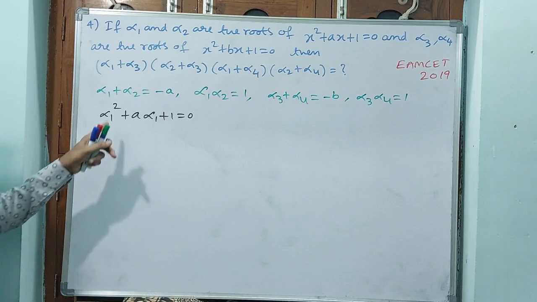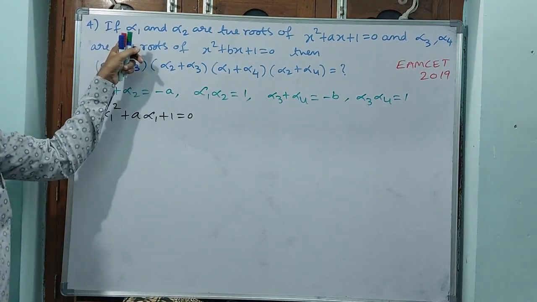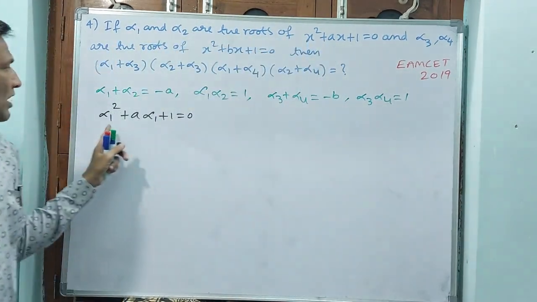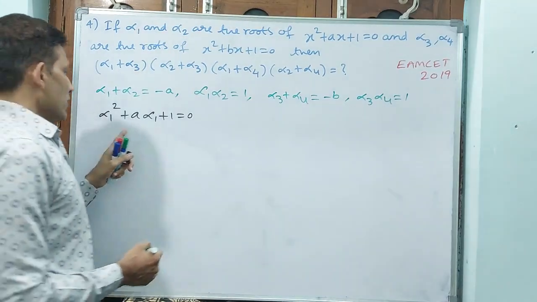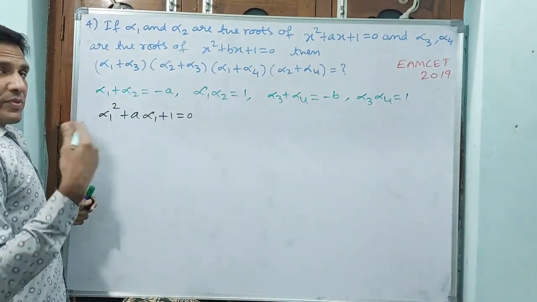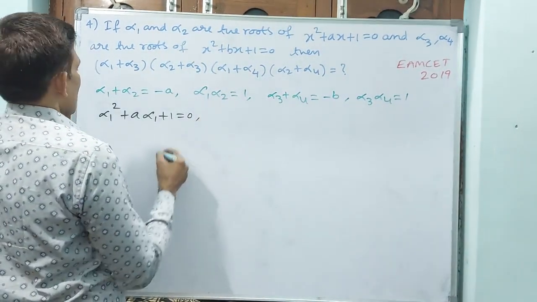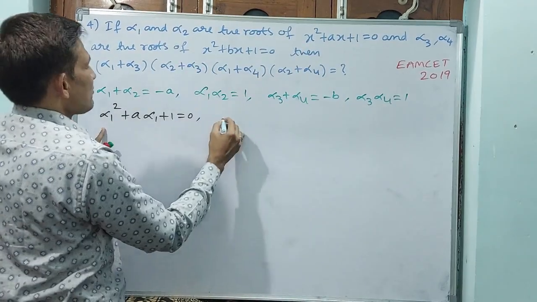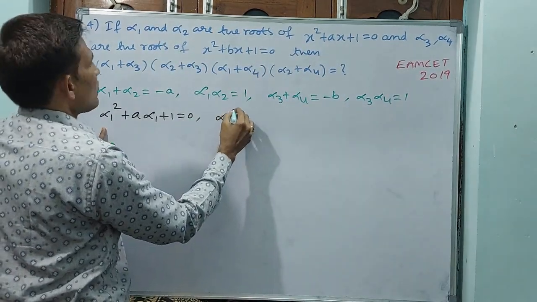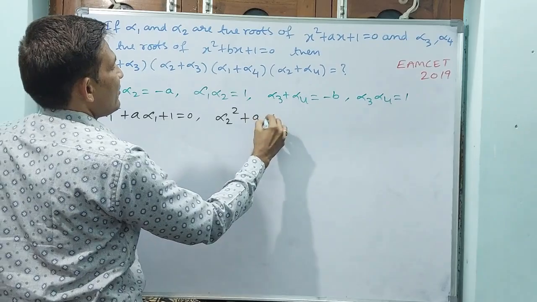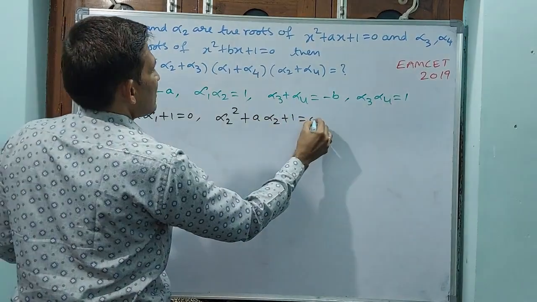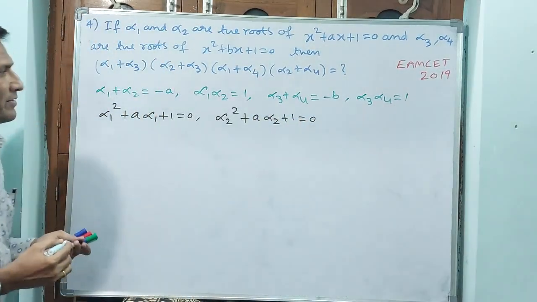Is it correct? Definitely. Why? Because alpha 1 is a root of this equation, so we can substitute it. And alpha 2 also we can substitute: alpha 2 square plus a into alpha 2 plus 1 equal to 0. Yes, definitely we can do this.